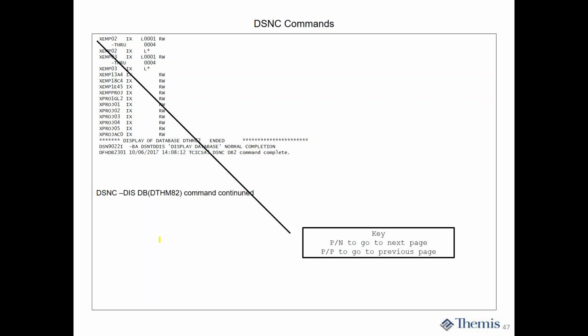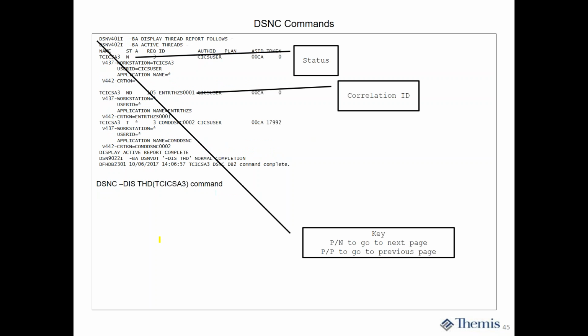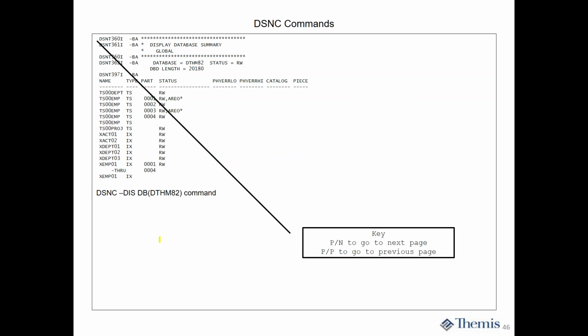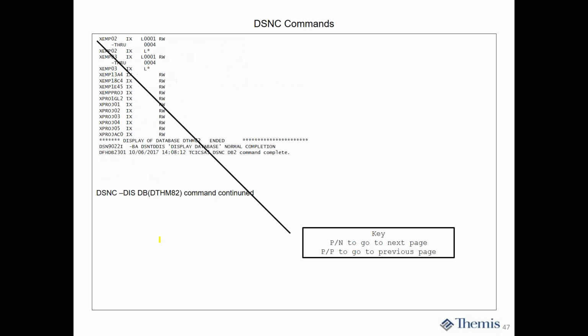Again, I did P/N to get here. So I can do the DSNC command besides the stats, right? There's not much I can see. If I do a DSNC, I can display threads from a DSNC point of view, and then I can do it from a DB2 point of view, and then I can do any other DB2 command. Display database statuses, I can start, stop databases, and so on, okay?